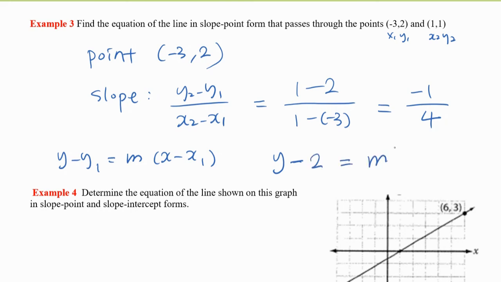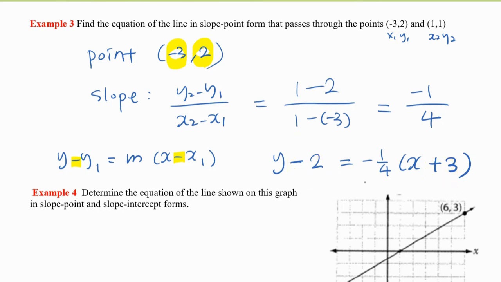Equals m, which is negative 1 over 4, x minus, so this is negative 1... so minus 3. When minus minus are together, it becomes positive, so it becomes plus 3. Okay? Remember everyone, when you use slope point form, the sign changes because of the existing negative. So positive 2 becomes negative 2, and negative 3 becomes positive 3. Okay? So this is the slope point form.